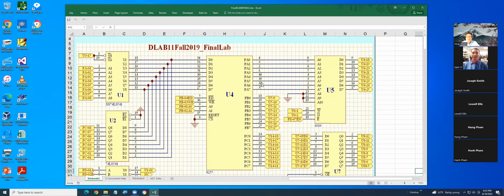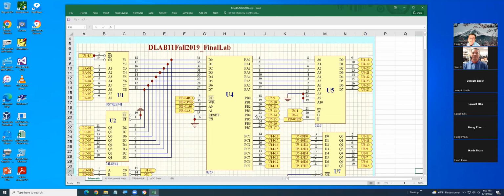So basically, U5, you already know. Memory. If you want to apply memory, you need to apply an address. You need to apply the data. Data will go to U4 pin 10, U4 pin 18.